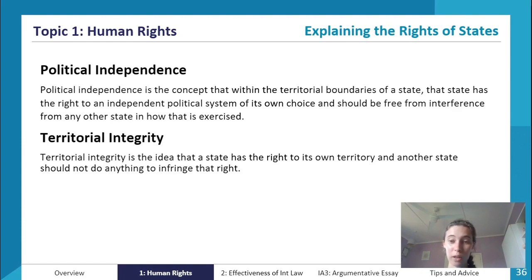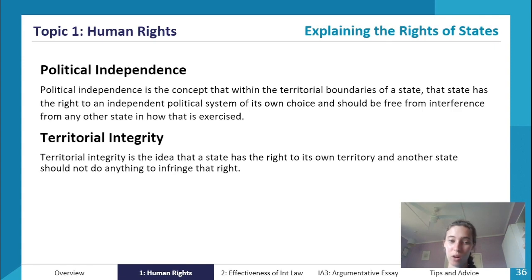So we may sometimes wonder how other countries are allowed to have the different political systems that they have, which allow, I guess, not so nice things to happen, or people to not have the best quality of life. And I guess that can be related to provisions like this, where different states do have the right to make their own choices in regards to what is considered their territory.